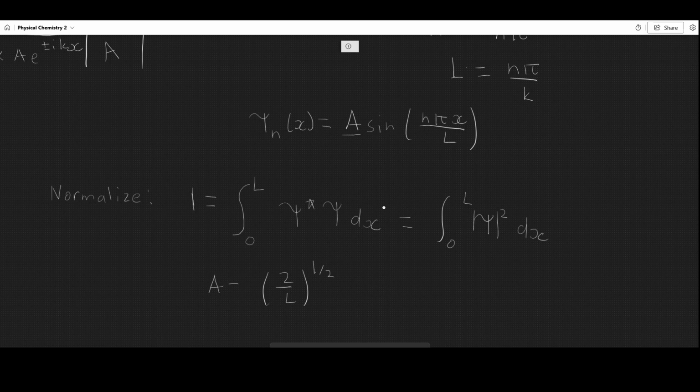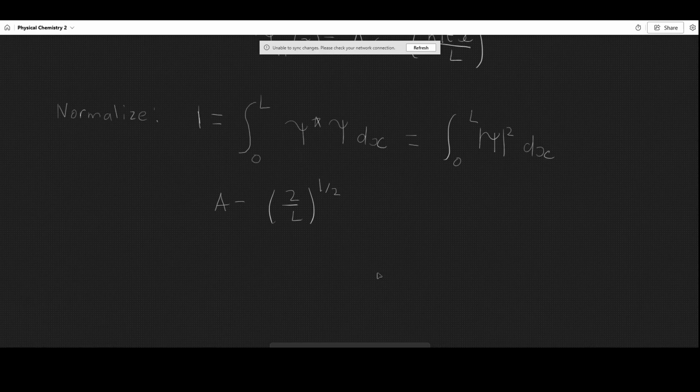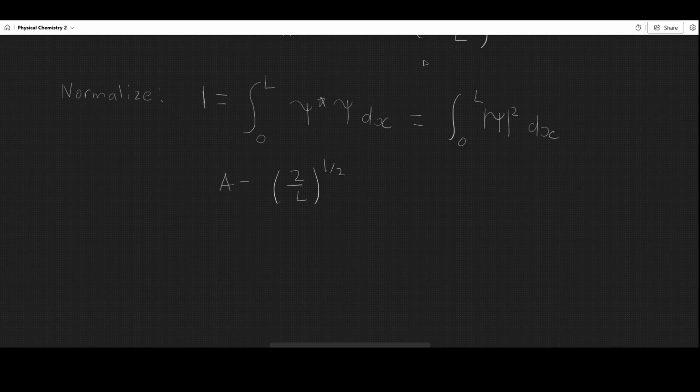And so that will give us our total psi function. So psi of n is equivalent to 2 over L to the 1/2 times sine n pi x over L. Okay, so we figured out what our normalization constant was.